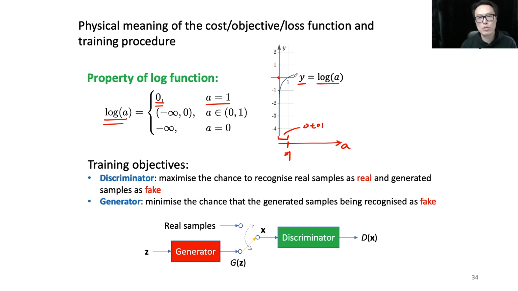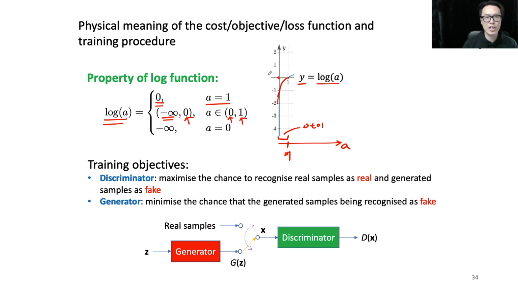When a is closer to 0, the y value is closer to minus infinity. When a is closer to 1, the y value is closer to 0, that is about this portion, yeah?